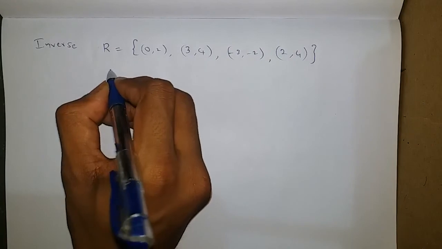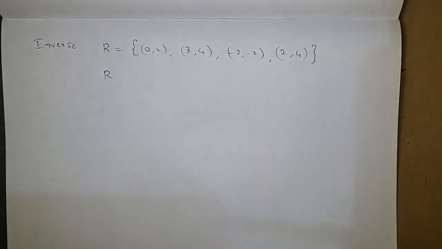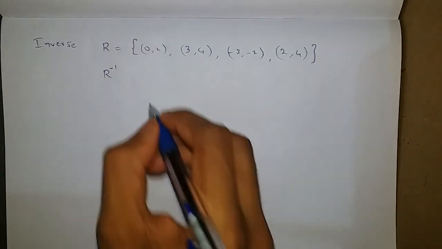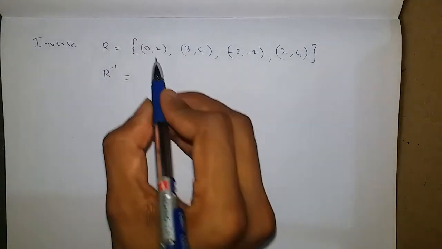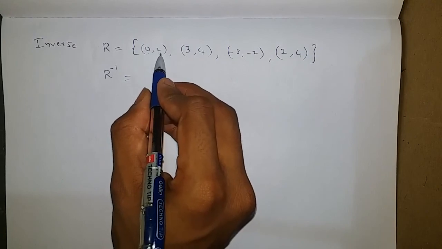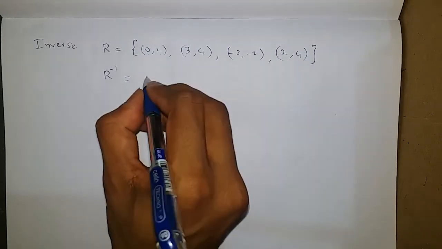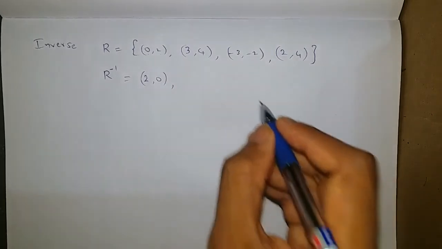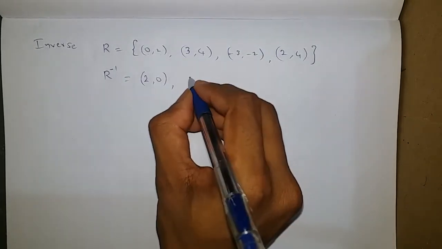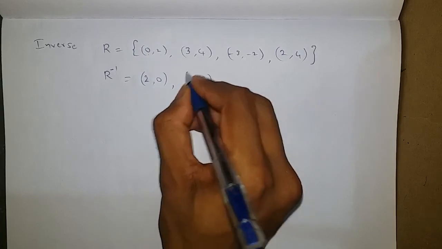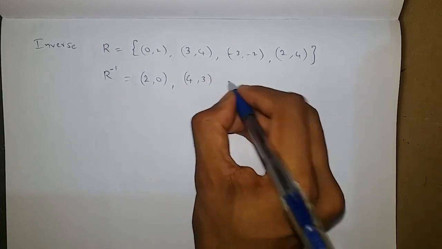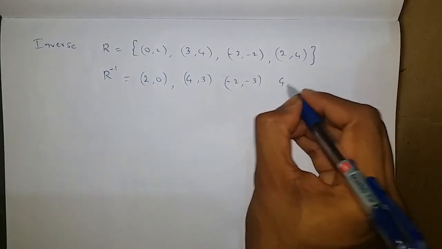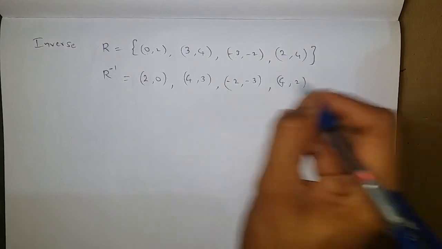Then the inverse relation, that is R power minus 1, you simply write the first element as the second element and the second element as the first element. So (0, 2) can be written as (2, 0). (3, 4) will be written as (4, 3). (-3, -2) as (-2, -3). (2, 4) as (4, 2).